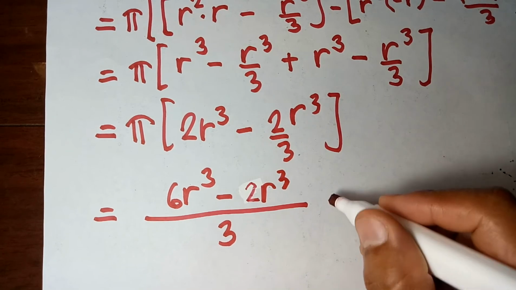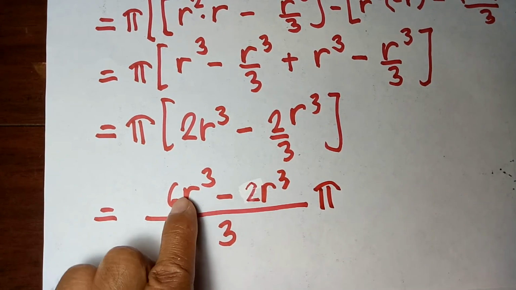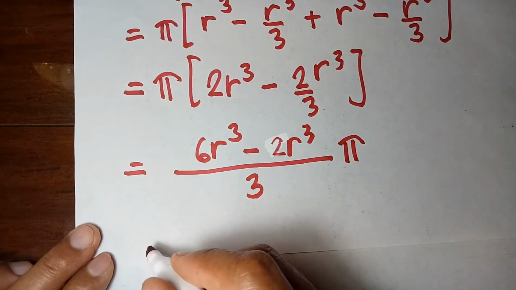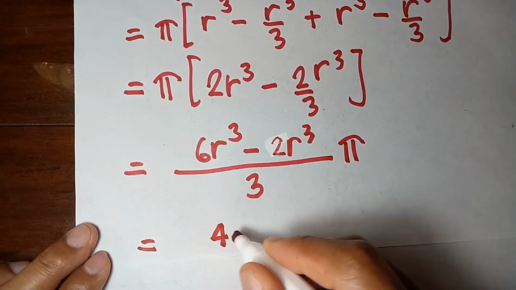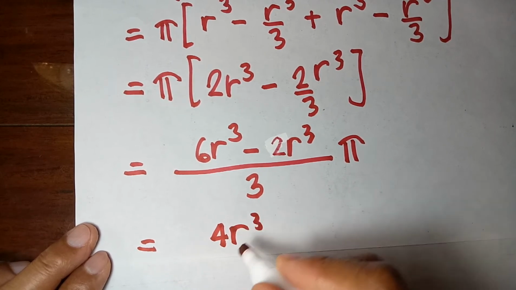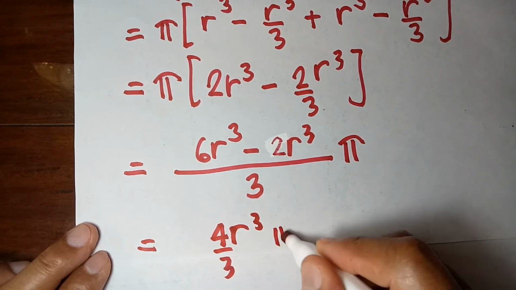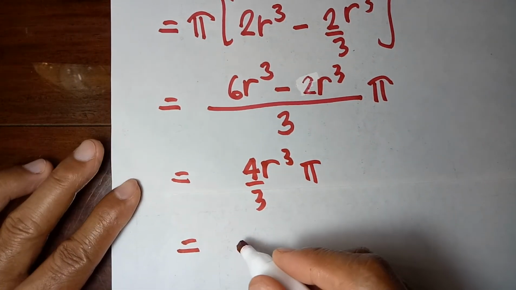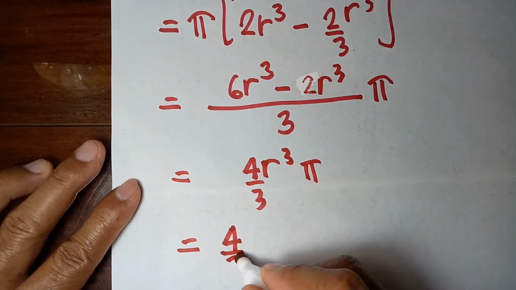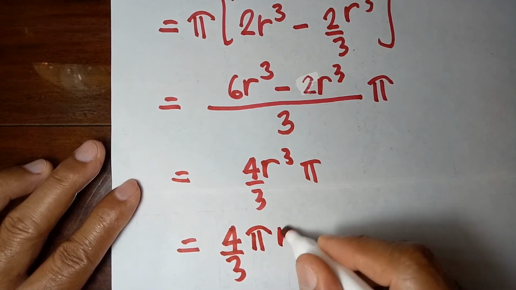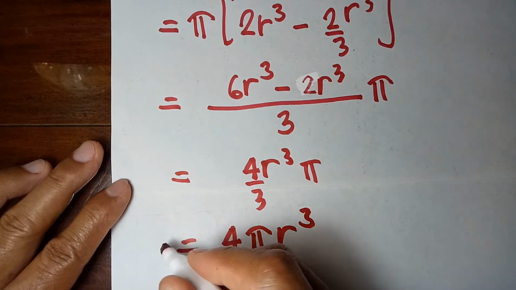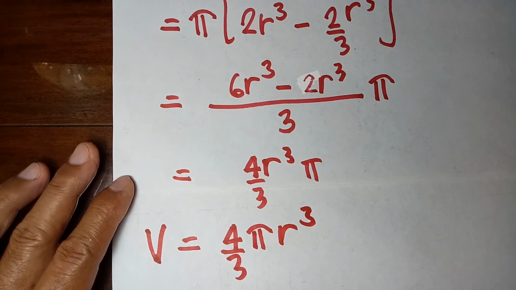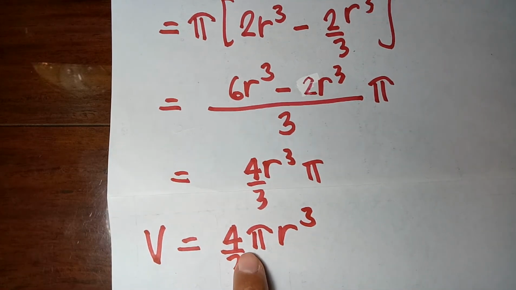So yung pi na yun, lagay natin dito sa dulo. And then 6r cubed minus 2r cubed equals 4r cubed. So volume equals 4r cubed over 3 times pi, or volume equals 4 over 3 times pi r cubed. So this is now the volume of the sphere, no? 4 over 3 pi r cubed.